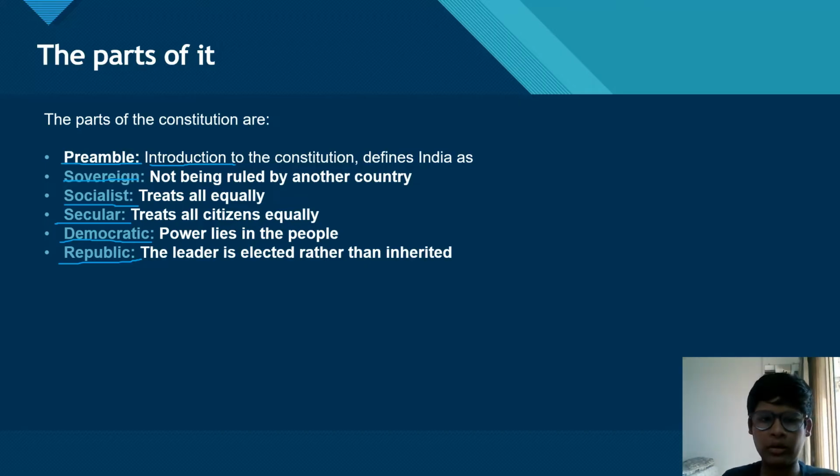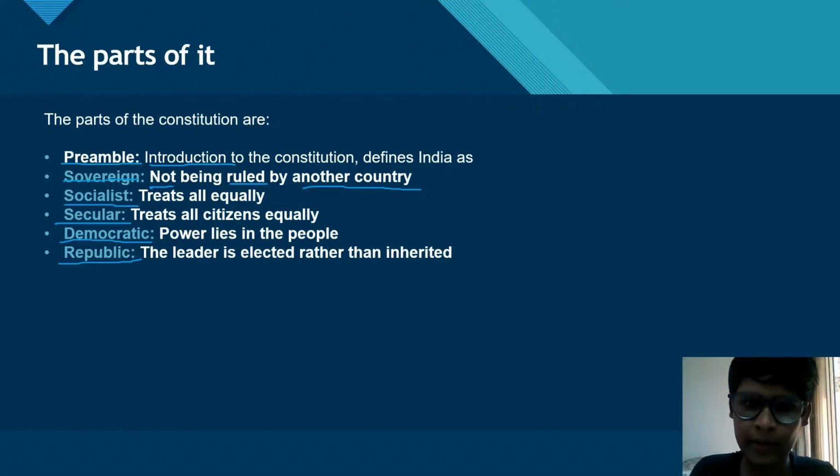So we'll start with sovereign. Sovereign means not being ruled by another country. India is not ruled by another country. It was ruled by the British, but now it's free, and so it is sovereign.